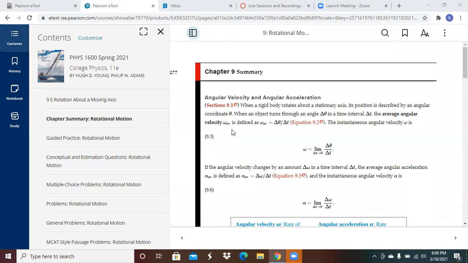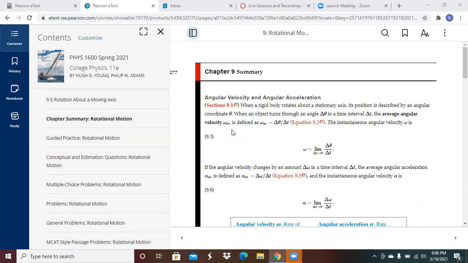What information can we gather if something is moving in a straight line? How do we describe it? That's where we've come up with the kinematic equations, force, and we've discussed energy of different types. Because of that, we have a pretty good model for how all of that particular type of motion works.